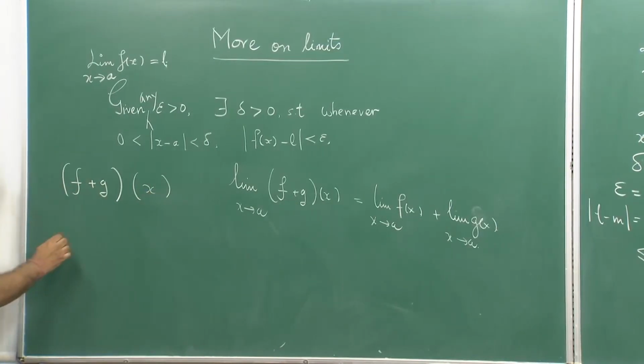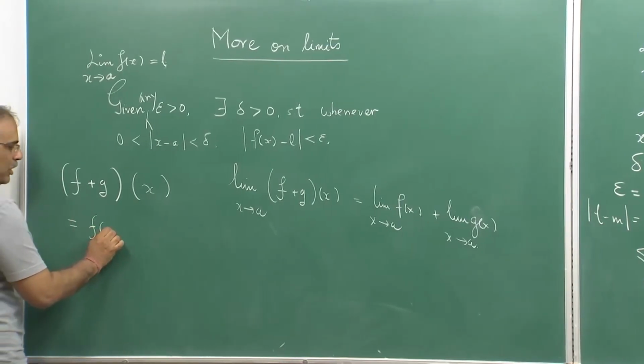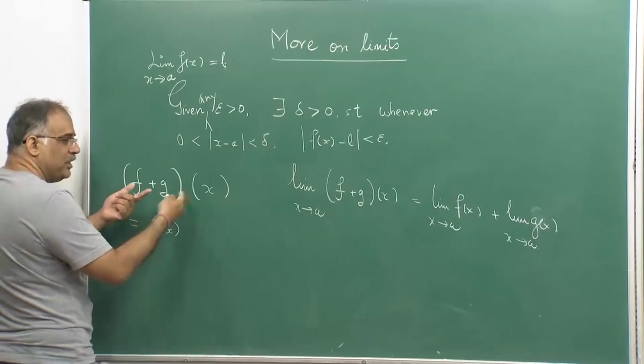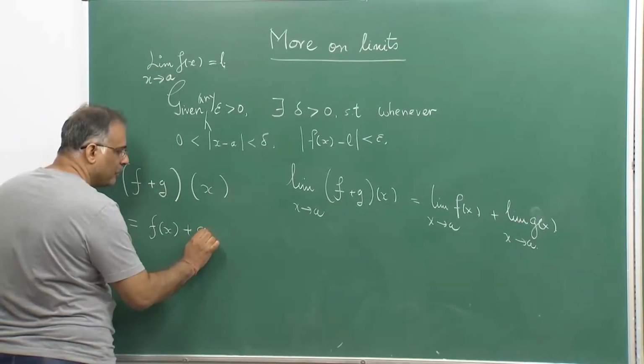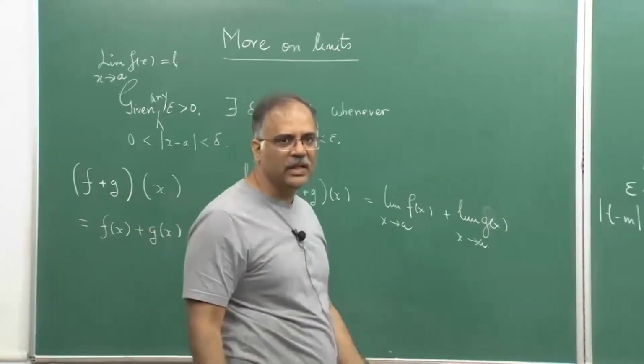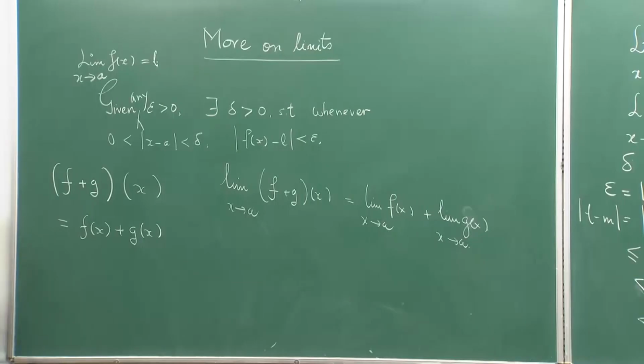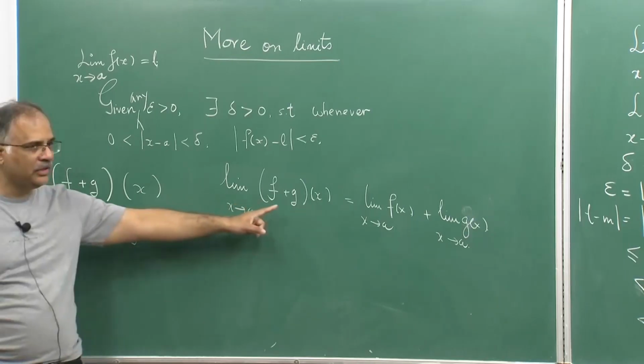We have to first define that this is the same as first operating f and g individually and then adding the outputs. That is the meaning. So, this is the definition of the function f plus g in terms of the functions f and g which are already defined.